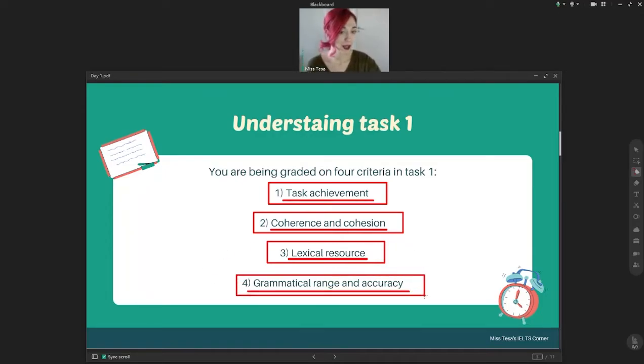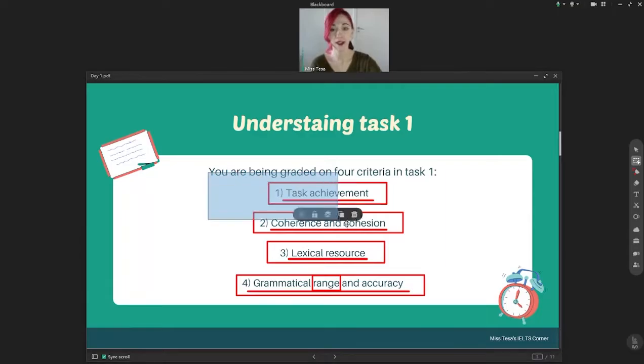And then grammatical range and accuracy seems pretty self-explanatory, but I really want you to focus on the range part here. Because accuracy is, are you making mistakes, right? But range is how diverse is your grammar. So those are the 4 criteria.